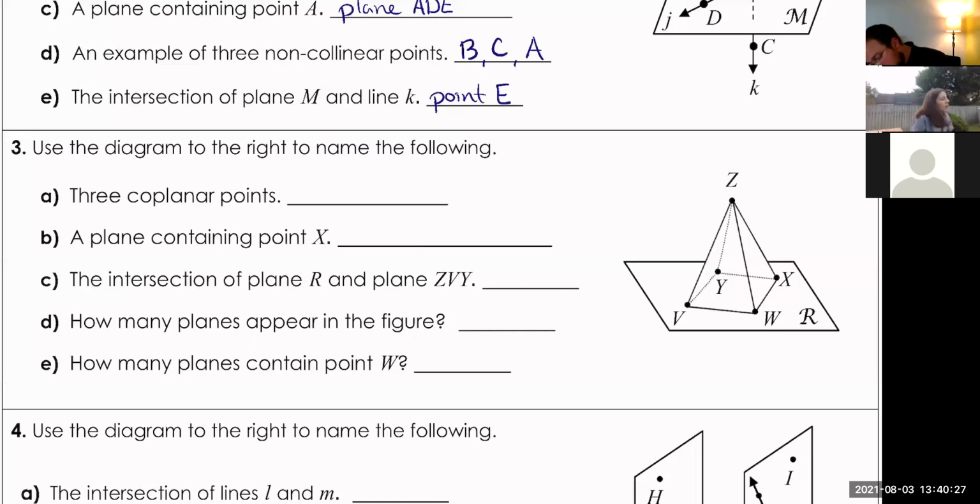VW and X would be an example. Technically you could say WXZ. I know it looks like it's on a pyramid, but technically there is a plane going through that side. You could say WYV, VYZ, all sorts of things, all sorts of combinations.